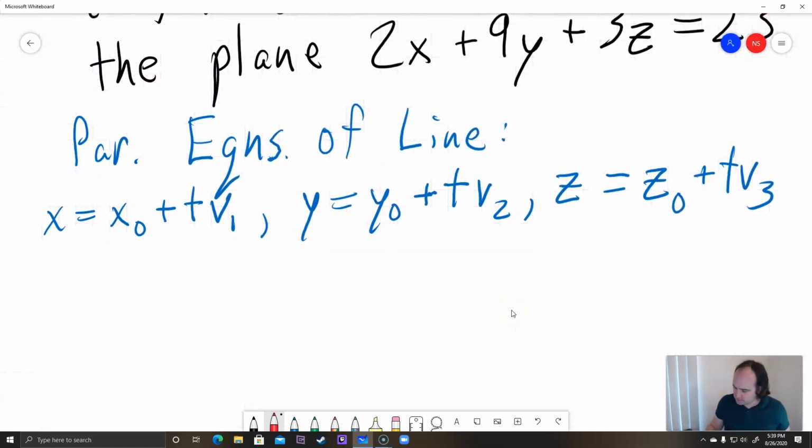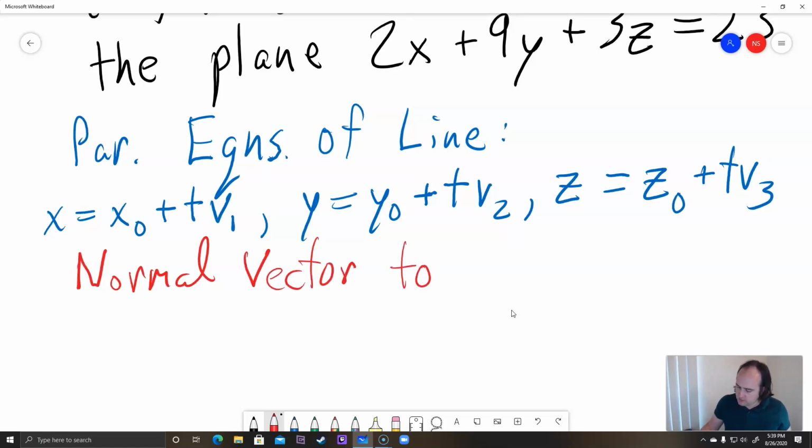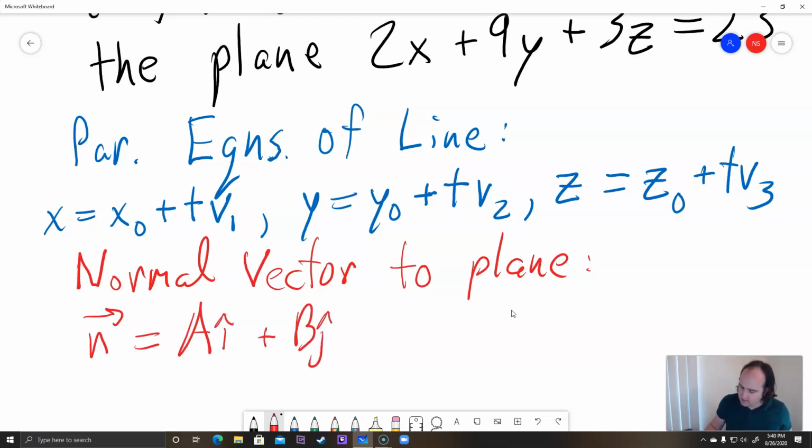Okay, so the normal vector to our plane is given by n equals ai plus bj plus ck.